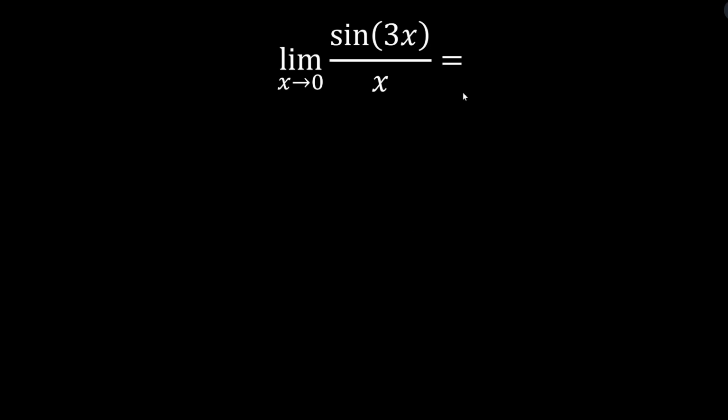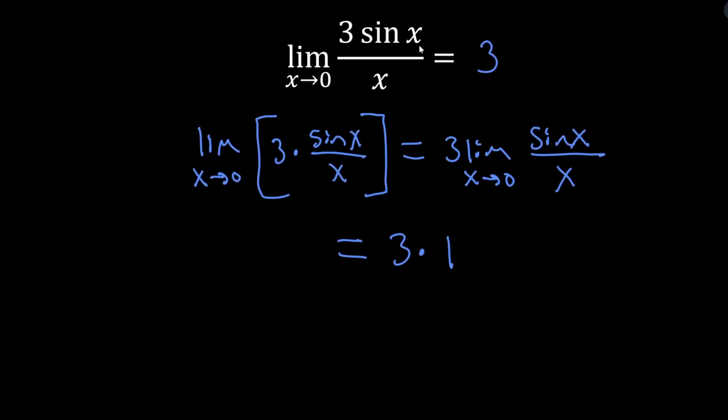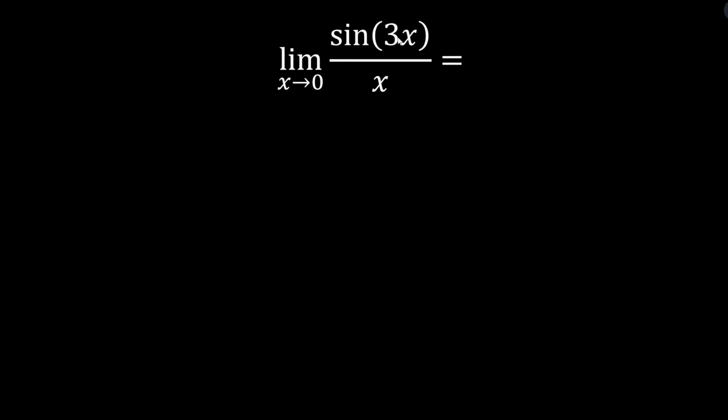Let's step it up just a tiny bit. Very similar example. We have this inconvenient 3 that's making it to where we don't quite have sine of x over x, and this time the 3 is in a different place. In the first example, we had the 3 out in front. This time the 3 is in the argument, and this is really a key idea.